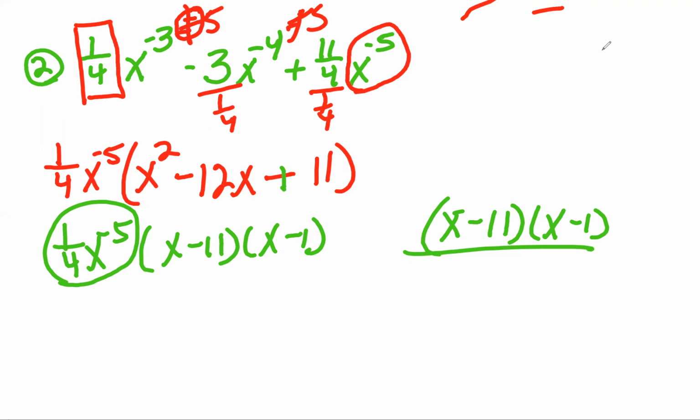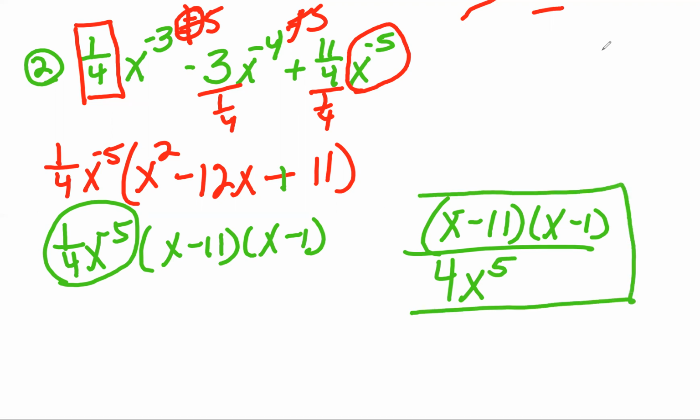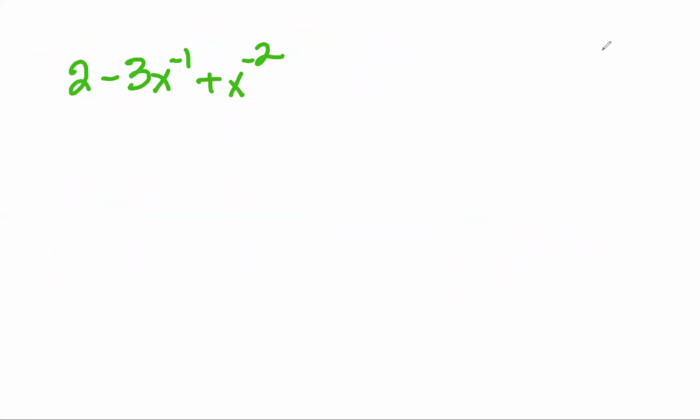And then the 1/4 puts a 4 in the denominator, and I know that if I move the x to the -5 to the bottom, it becomes positive. So that would be more of an answer that I would like to see if I'm factoring with that. So again, always take out the lowest exponent.